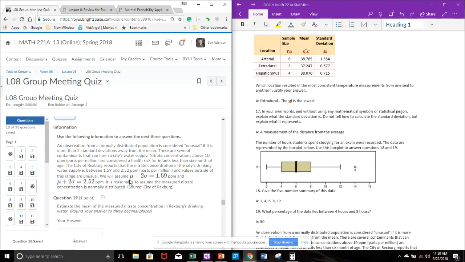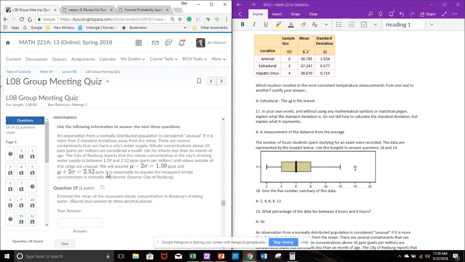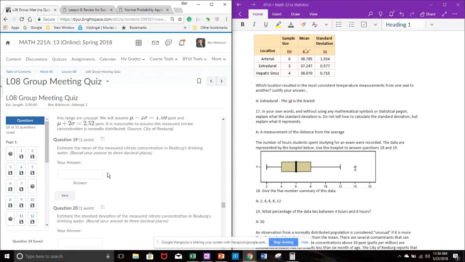We will assume that the mean minus 2 standard deviations is equal to 1.59, and the mean plus 2 standard deviations is equal to 2.52 parts per million. It is reasonable to assume the measured nitrate concentration is normally distributed. Find the mean of the measured nitrate concentration in Rexburg's drinking water.